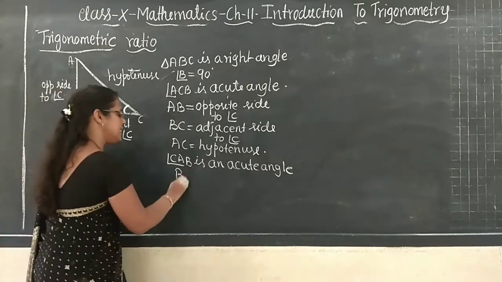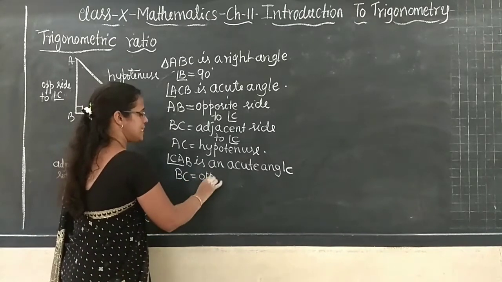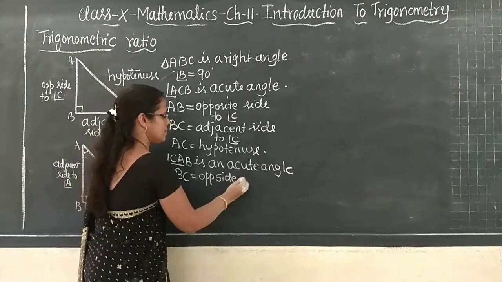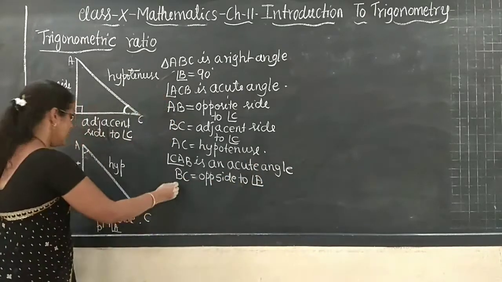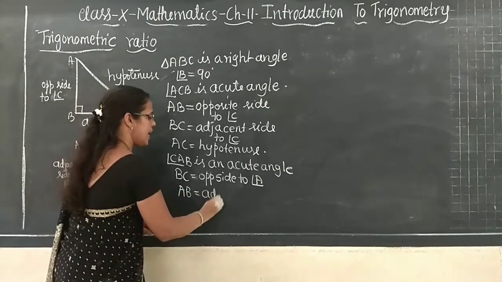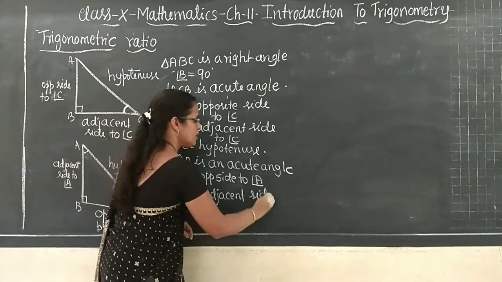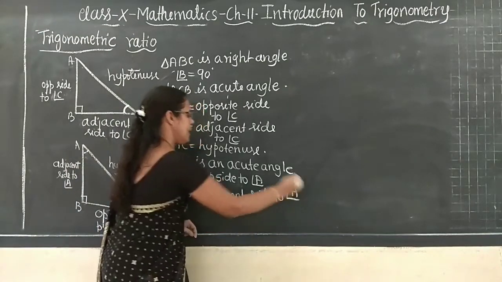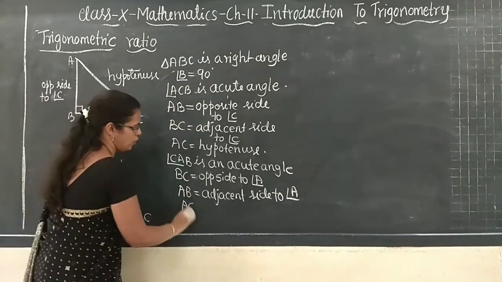BC is opposite side to angle A. Now AB is called adjacent side to angle A. Then AC is hypotenuse.